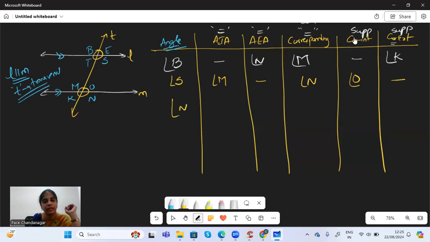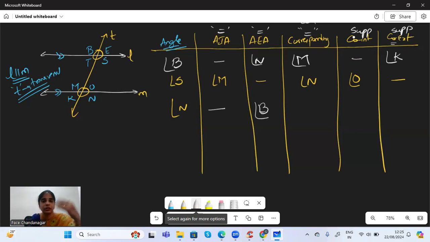Right. Now let me go with angle N. For angle N, what is its alternate interior angle? N being an exterior angle, it cannot have an alternate interior angle. Now coming to the alternate exterior angle. For a transversal, N is on the right side, so obviously we want the angle on the left side. The exterior angle on the left would be angle B there.